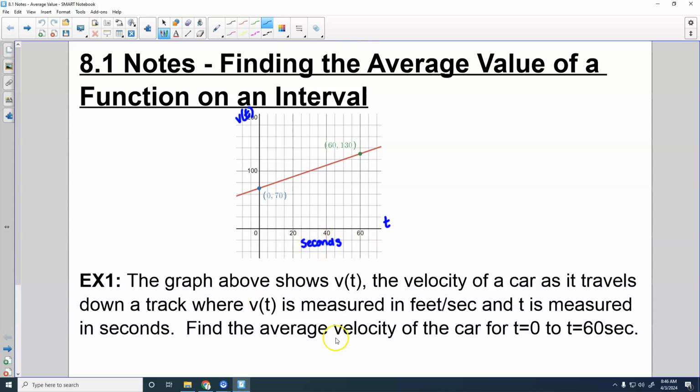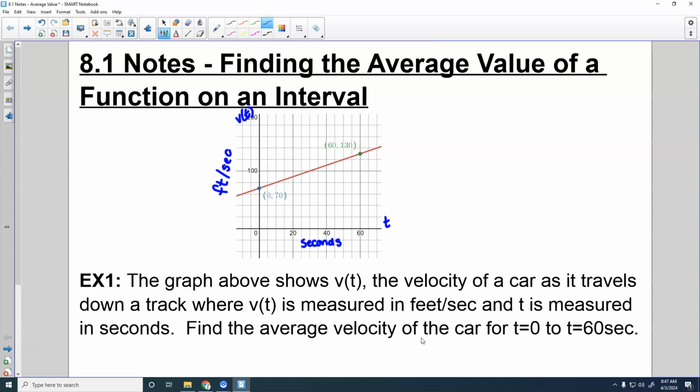We also know V of t is measured in feet per second, so the y-axis is feet per second. And we're supposed to find the average velocity of the car.